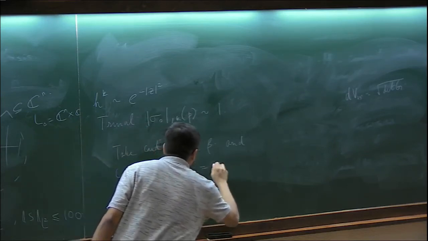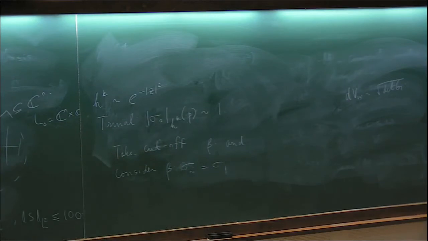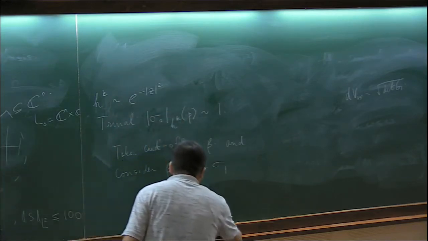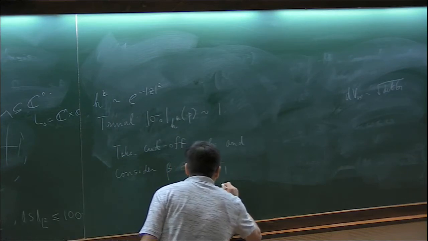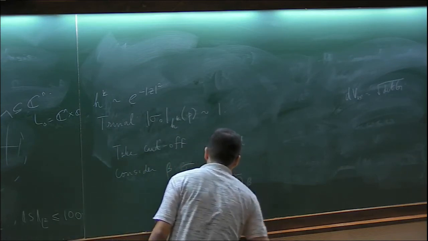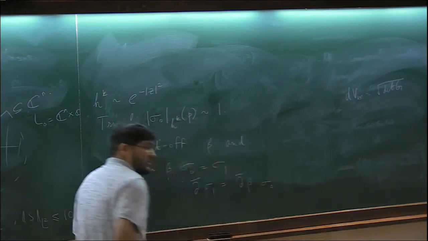I'll call this sigma 1. Now the problem with sigma 1 is that it's no longer holomorphic, right? Because you have introduced a cutoff function. In fact, the d bar of sigma 1 is going to be d bar of beta times sigma naught, right?